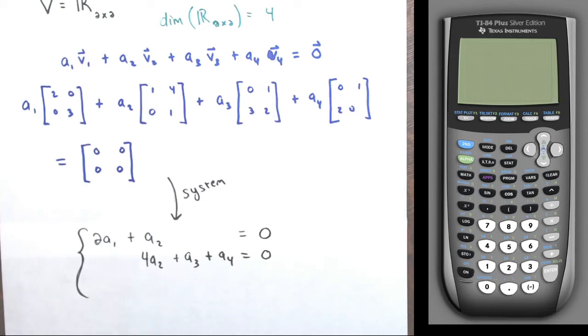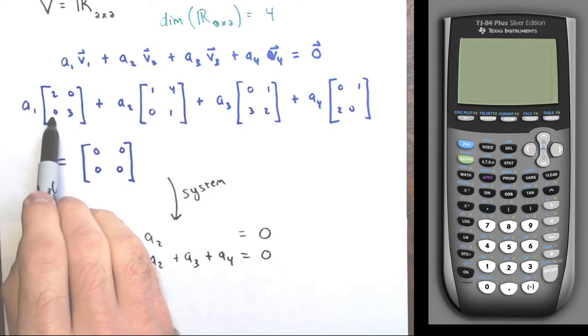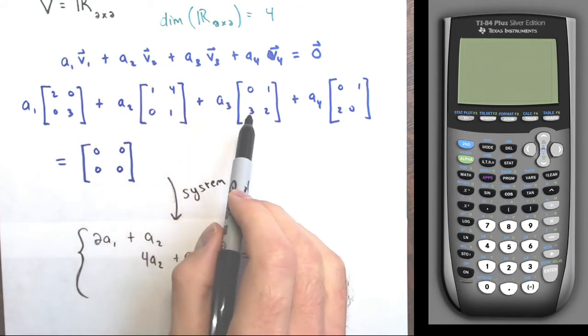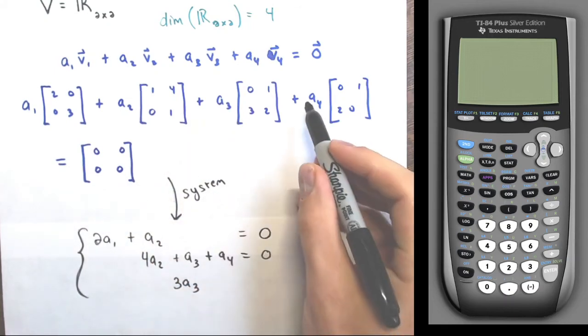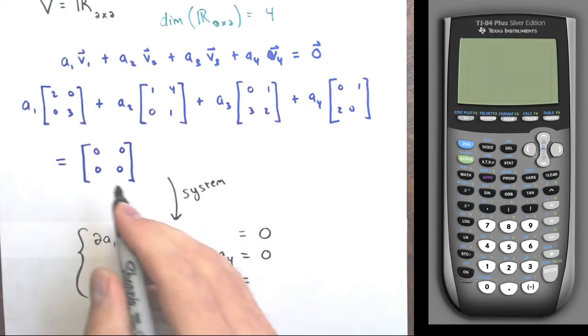Now let's look at the second row, first column entries. You'd have 0a1 plus 0a2 plus 3a3 plus 2a4 would have to be equal to 0.